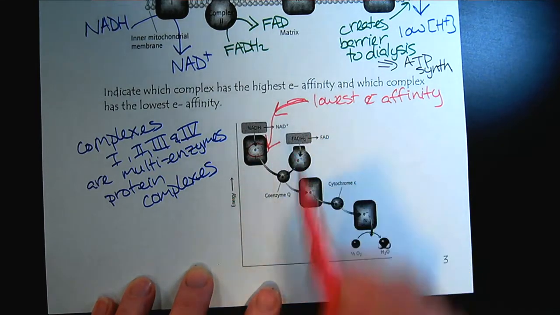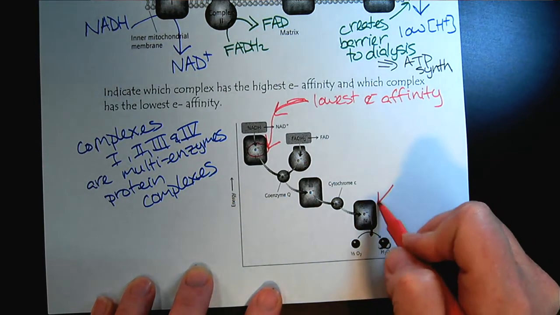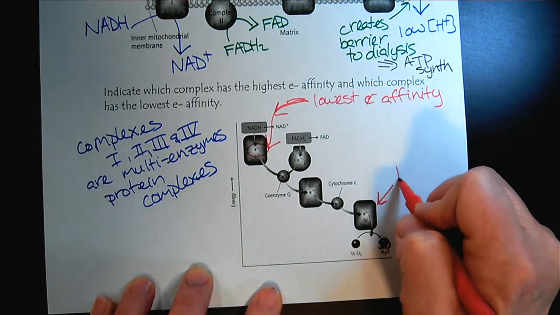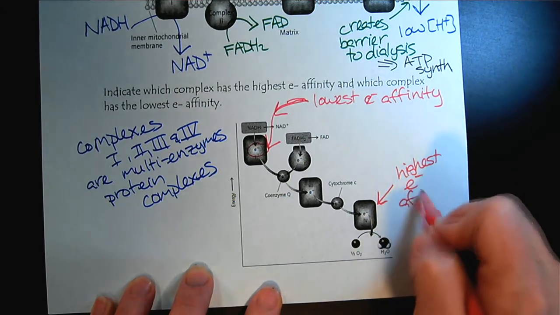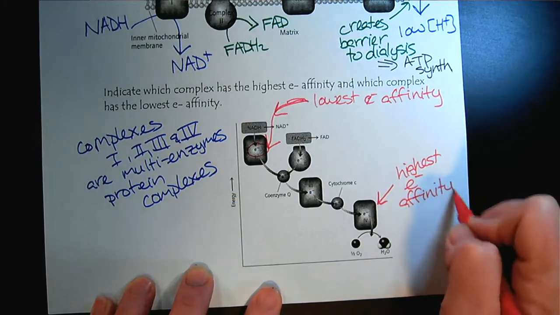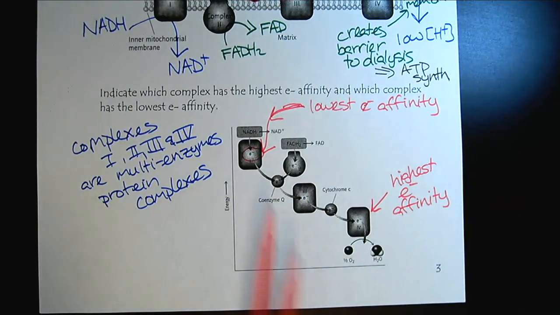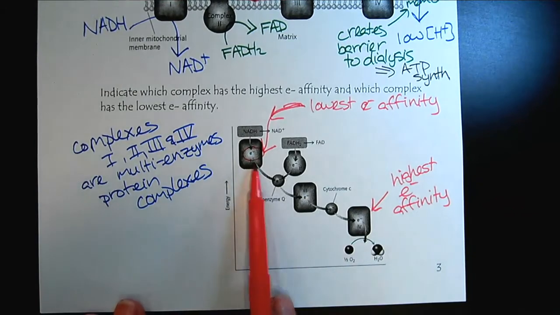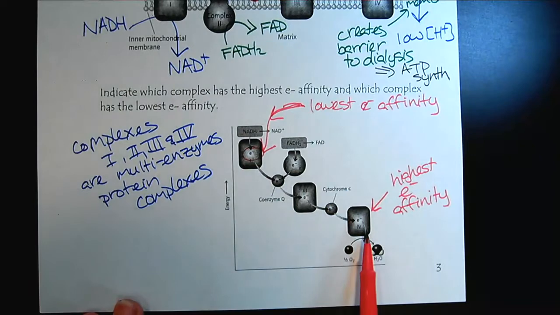So complex 1 has the lowest electron affinity, and complex 4 has the highest electron affinity, right? And so affinity just means, right, you have an affinity or a liking for something. So complex 1 is willing to let go of its electrons, saying it has the lowest affinity, and complex 4, it wants them.